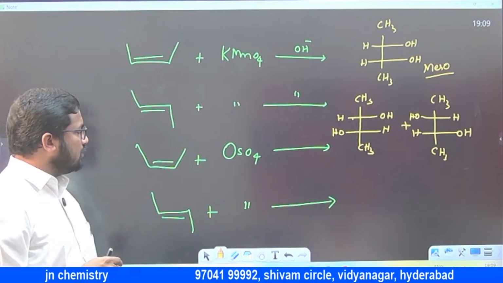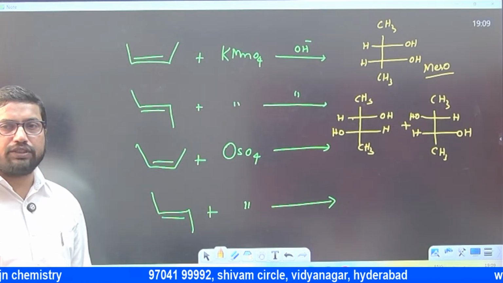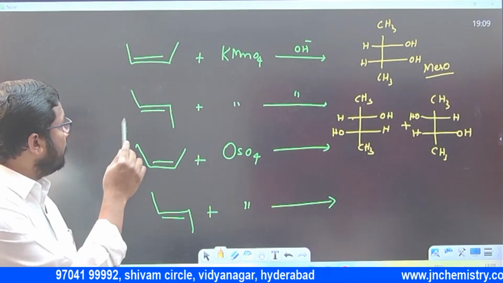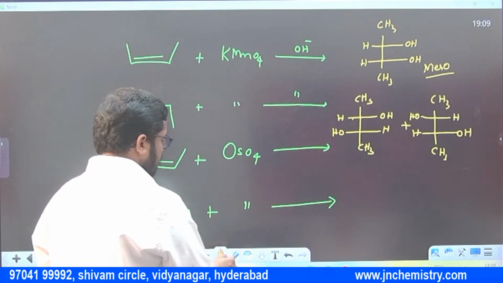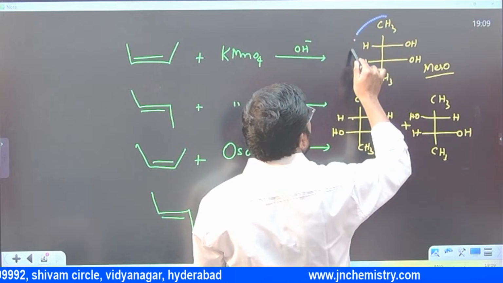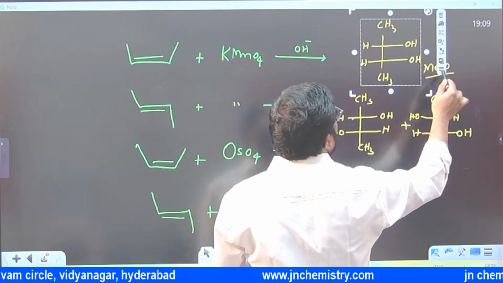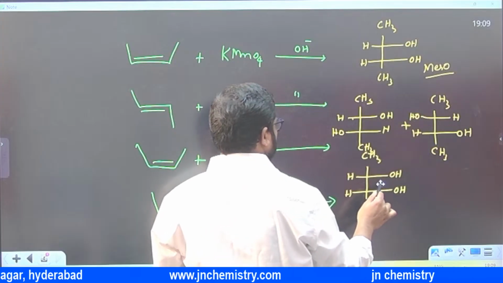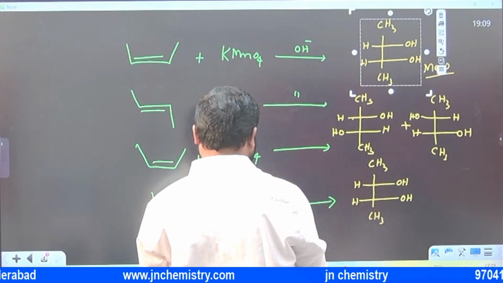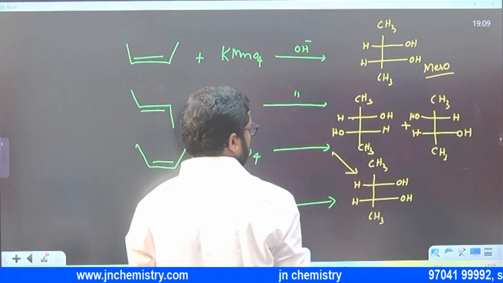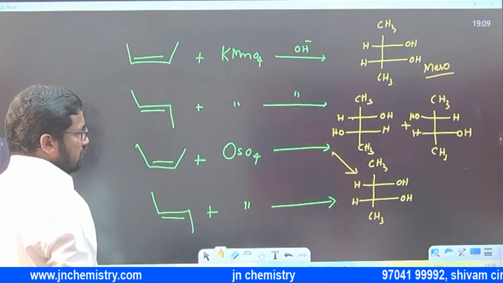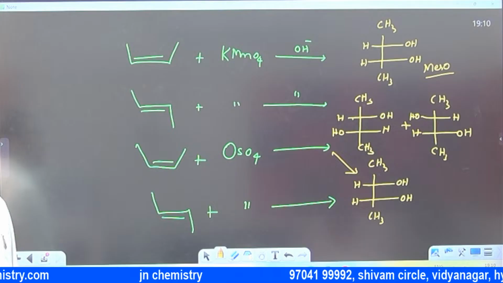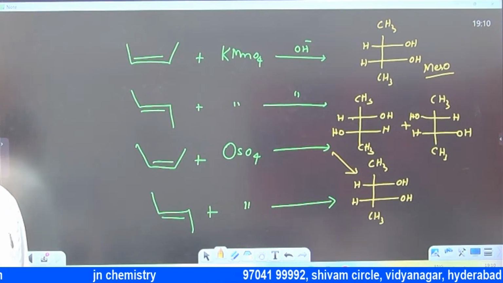OsO4 is also the same, syn addition takes place. Same stereochemistry we can write. The above one is the same meso. Just simply copy. Here is the product for this one. Last one, the racemic mixture we will get.